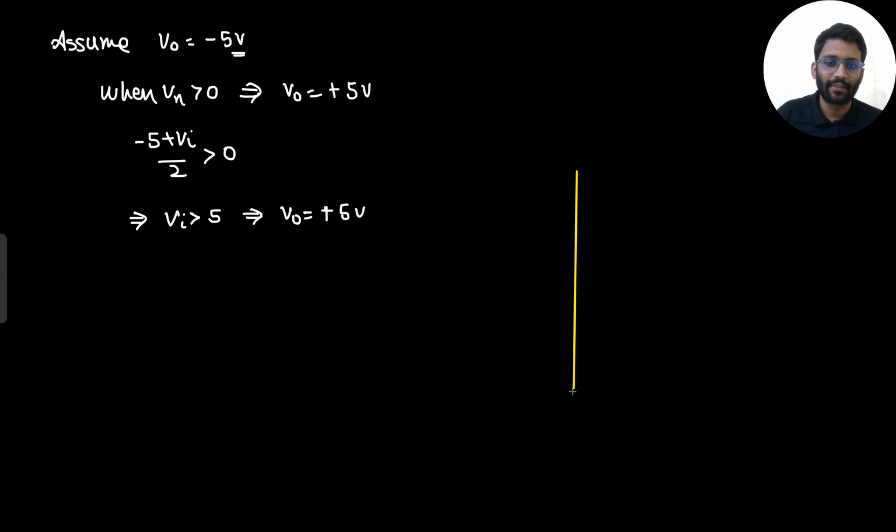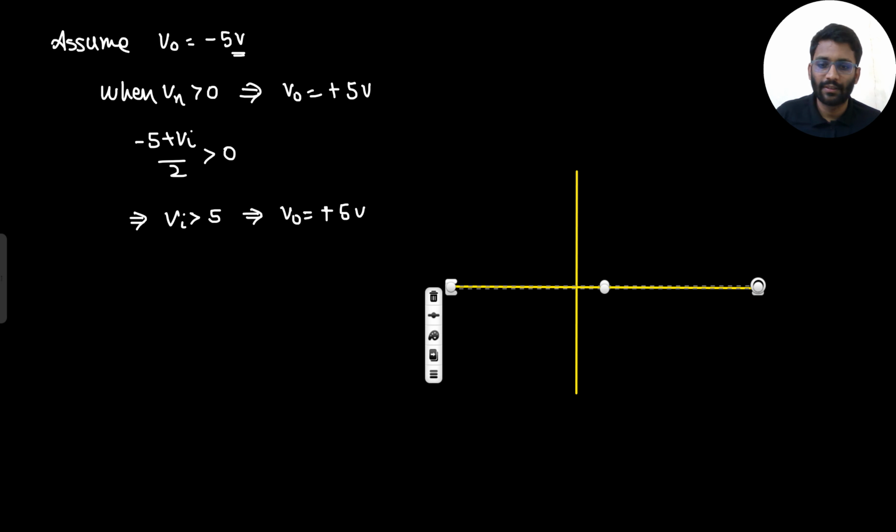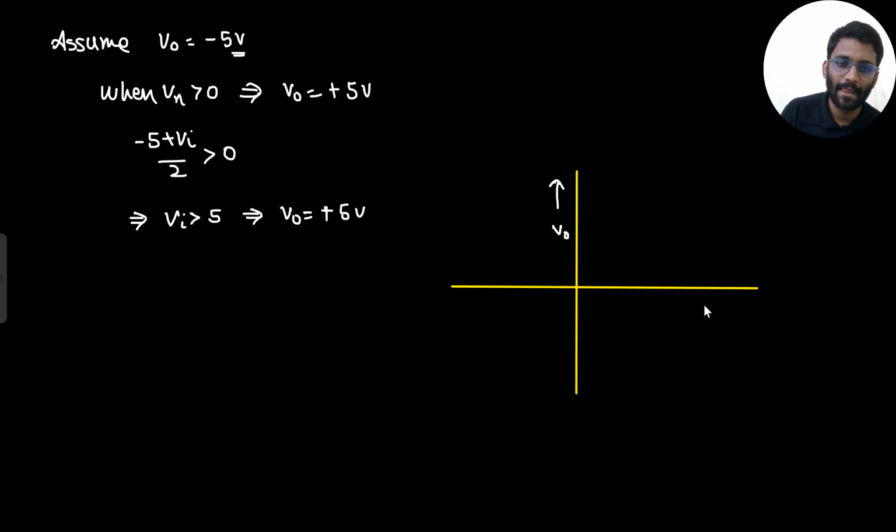So again you can make the graph, V naught versus V in. What is the point? That point is plus 5. Now you are moving from minus V set to plus V set.